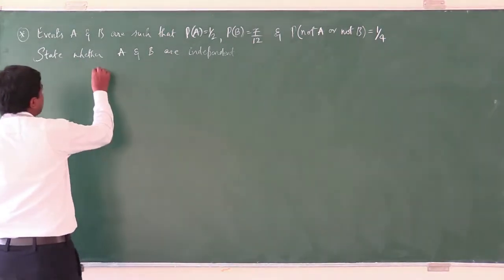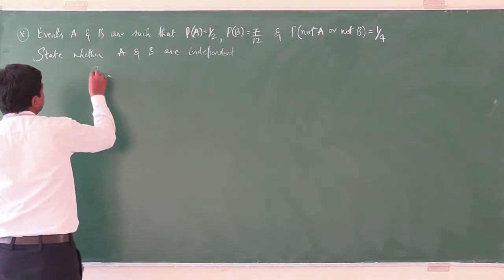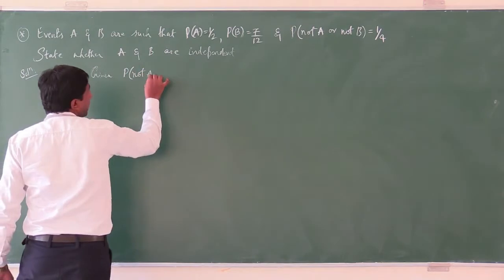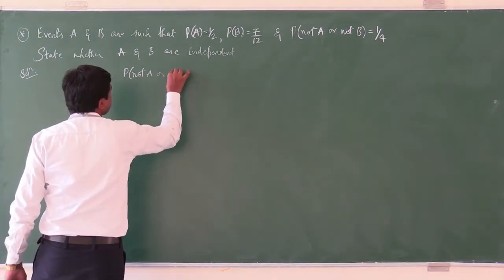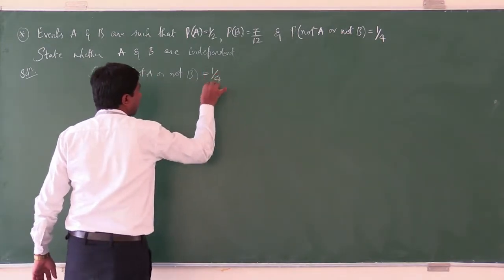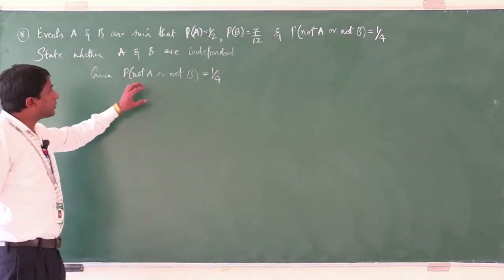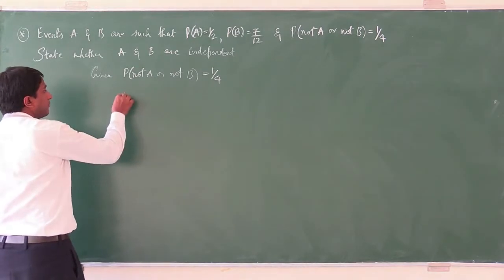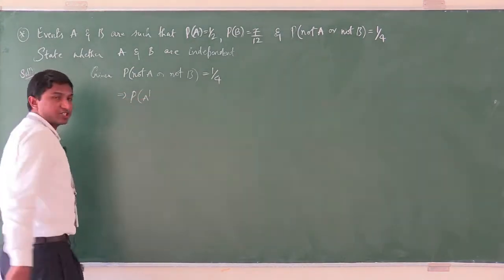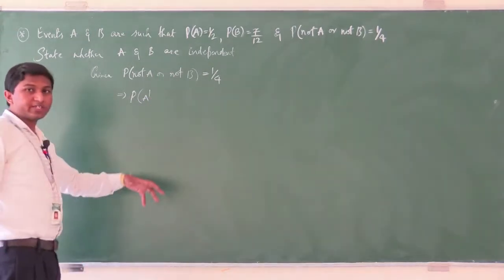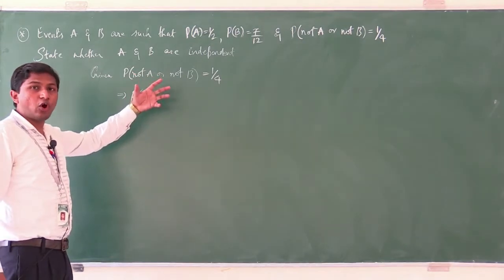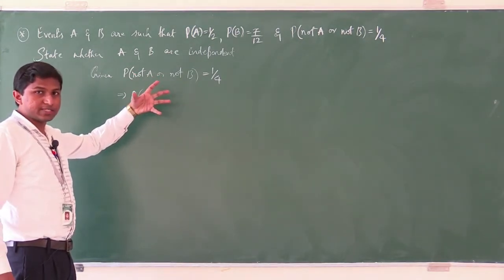Now, given P of not A or not B equals 1 by 4, what is P of not A? P of not A is nothing but A dash. What is the corresponding symbol for or? It is the union symbol.